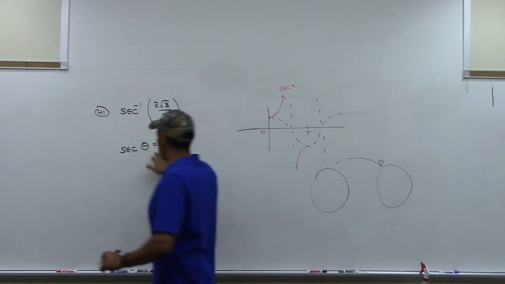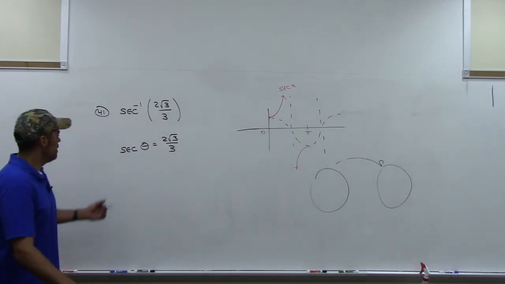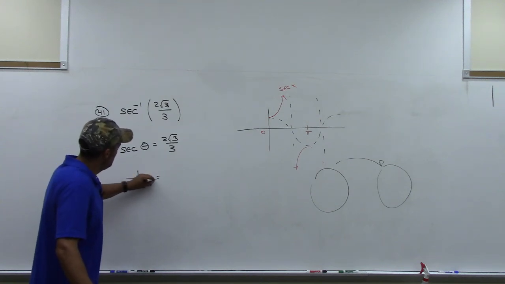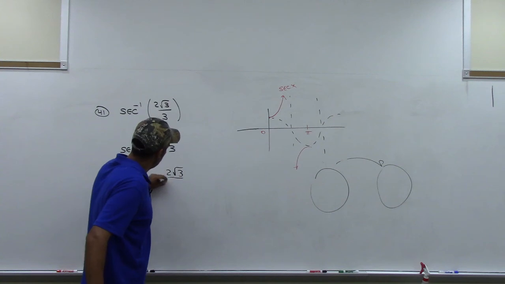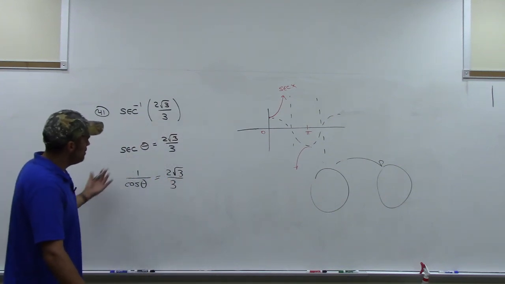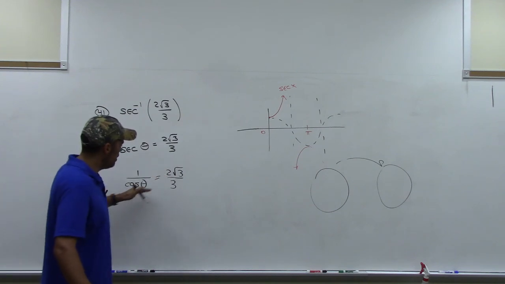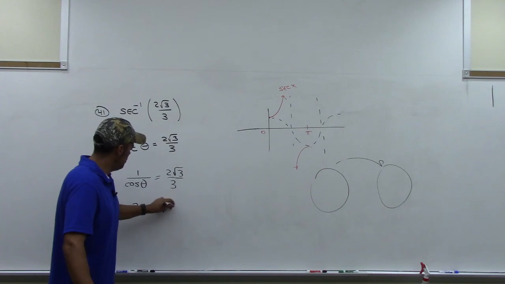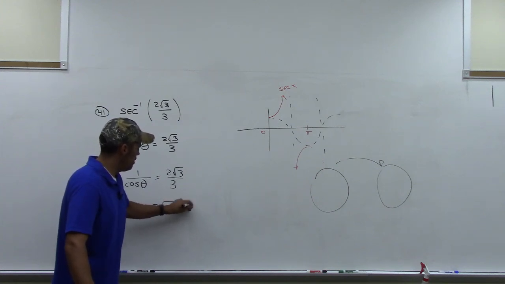So I can write this next line. Now, this is just saying 1 over cosine theta, that's what secant is, equal to 2 root 3 over 3. So I'm going to multiply both sides by cosine and multiply both sides by 3. So the cosine goes away here, the 3 goes away here. We get 3 equals 2 root 3 cosine theta.